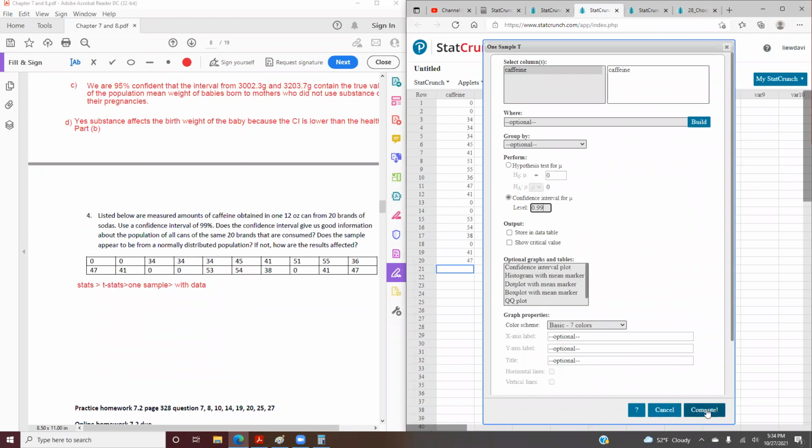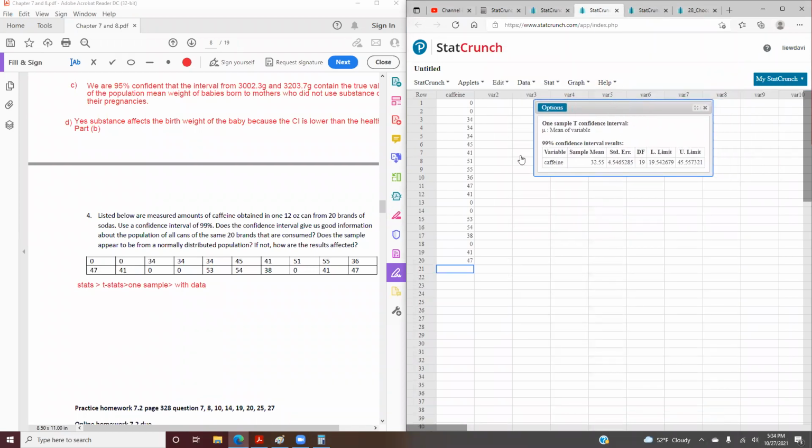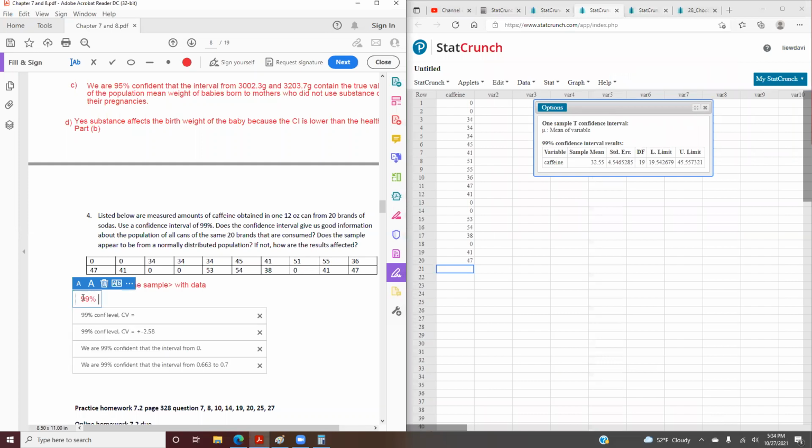And you compute this. So what is the 99% confidence interval here? It's 19.54 and 45.56.